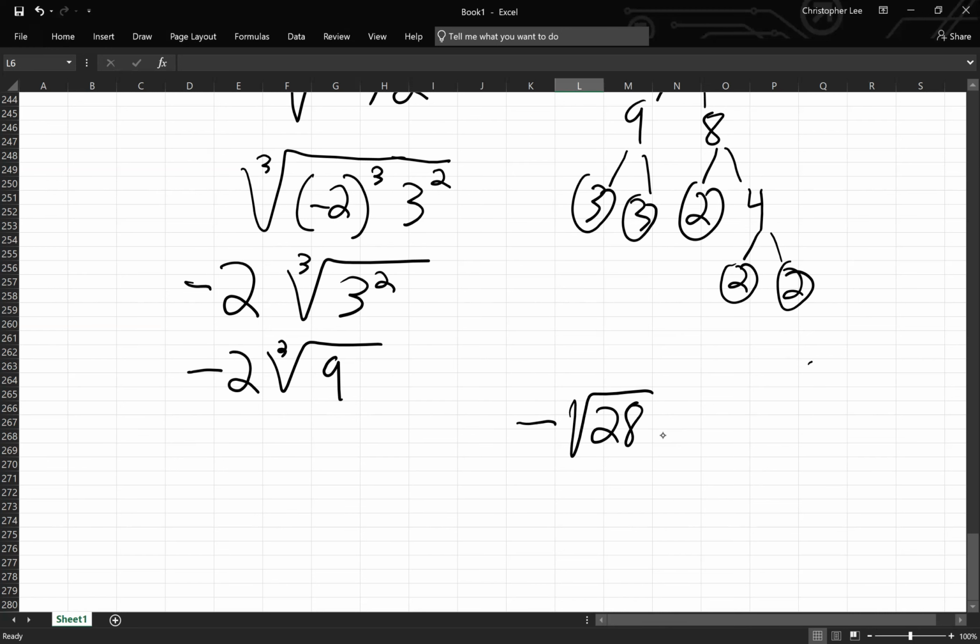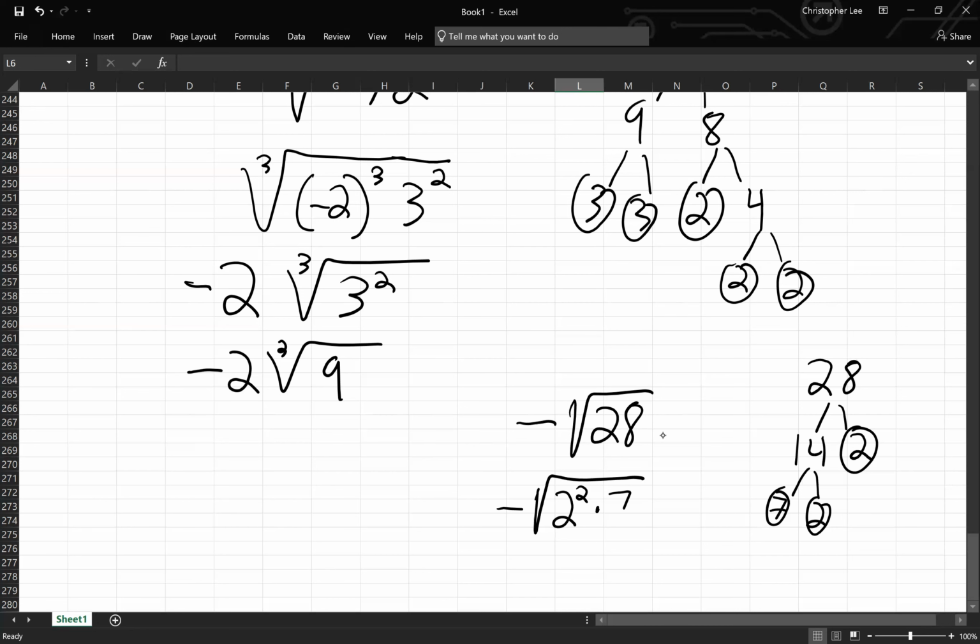So do the same thing. You got 28, right? Just chop it in 2. This is 2 times 14, and then chop that in 2. That's 7 times 2. So this becomes the square root of 2 to the second times 7.